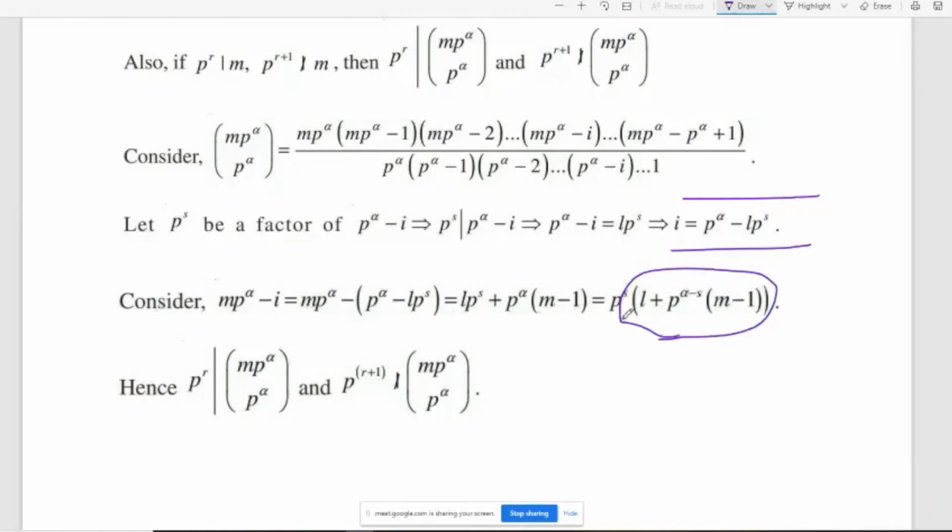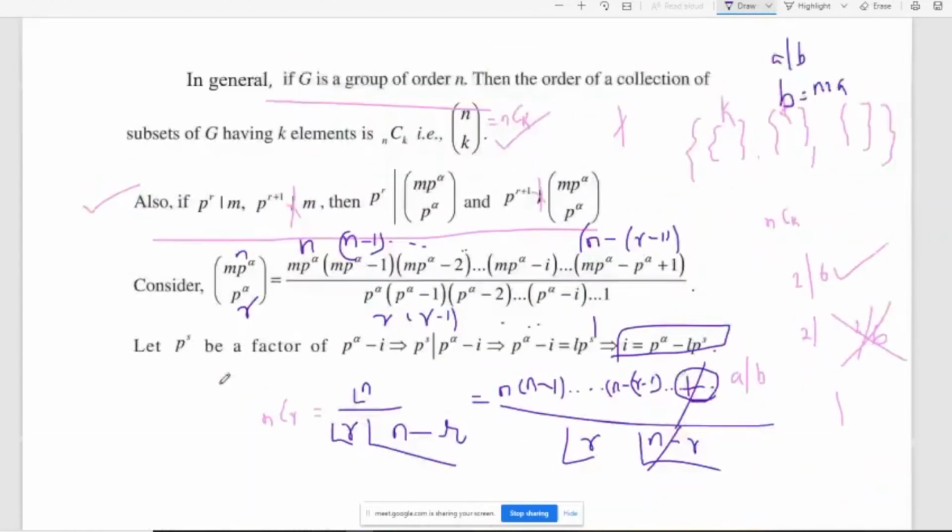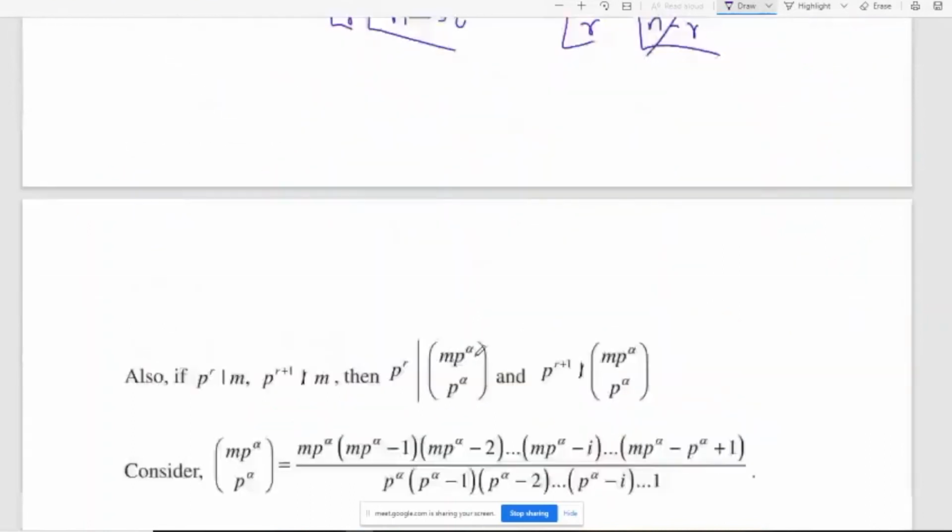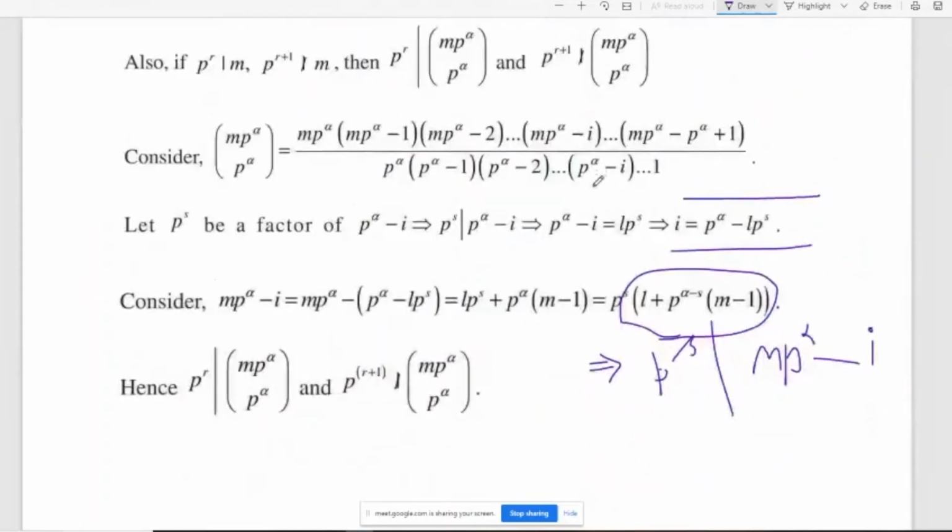This would imply that p power s divides m p power alpha minus i. Isn't it? What I assumed here: let p power s be a factor of p power alpha minus i. And what I have got from this is that p power s is a factor of this.